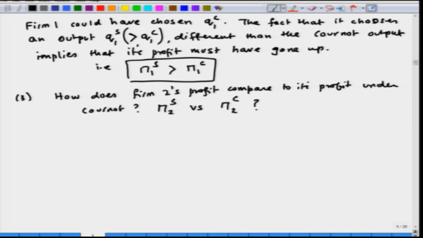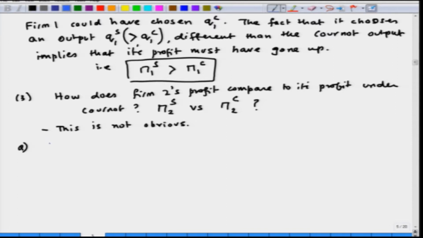Now, this is not obvious. And in fact, we can't directly compare the profit of firm 2 under Stackelberg with the profit that it gets under the Cournot model. To answer this question, it may be useful to first figure out what can we say about the total output under the Stackelberg model.